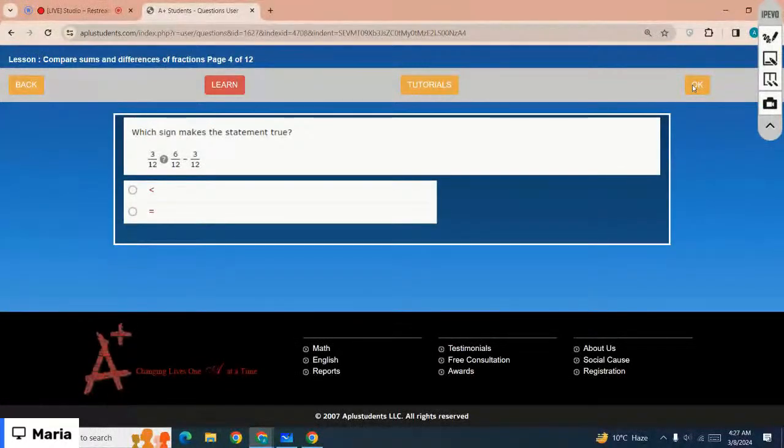Yes, they both are exactly equal, right? Because 6 minus 3 is 3 over 12. So both sides are exactly equal, right?